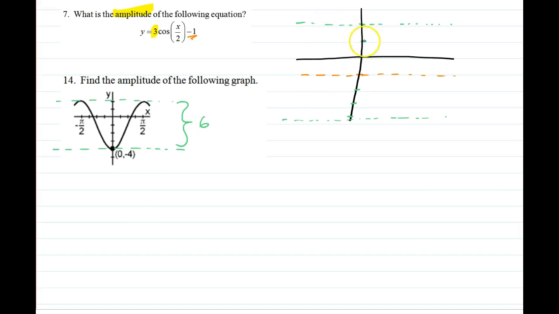But like over here, where the total distance from the floor to the ceiling was 6, the amplitude is half of that because it's going to be from the middle. So the amplitude is from the middle to the ceiling. And so the amplitude for this graph is 3.